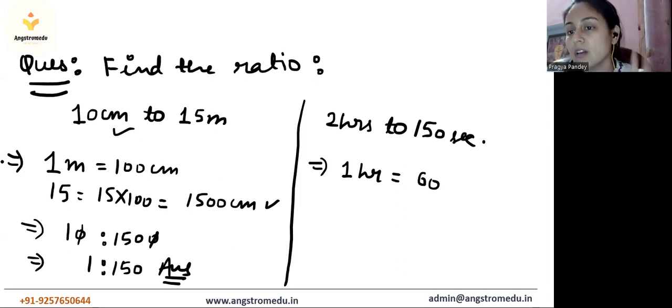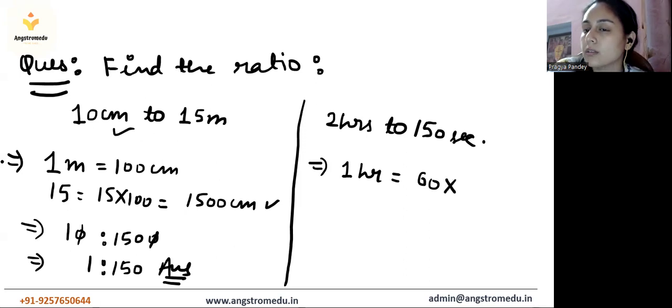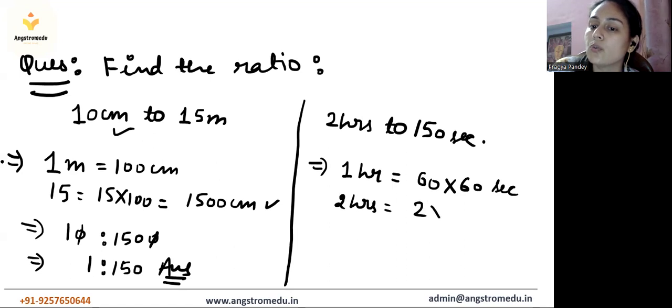And in 1 minute there is what? 60 seconds. So it will be 60 by 60, meaning 3600 seconds are there in an hour. So for 2 hours, it would be 2 into 60 into 60.